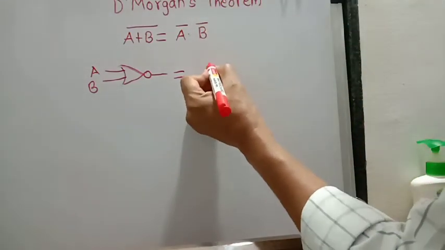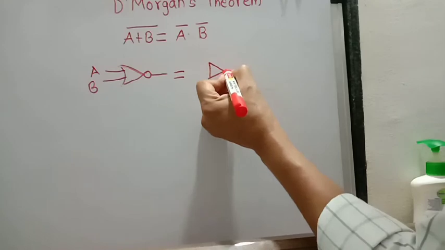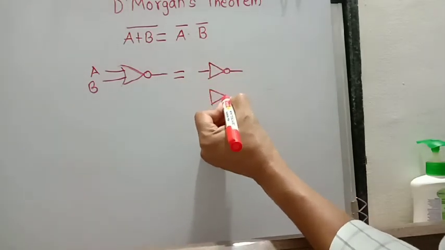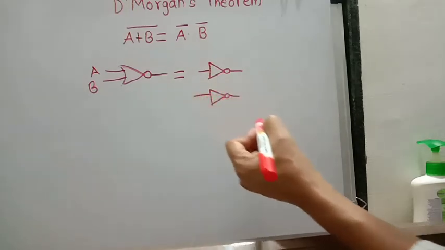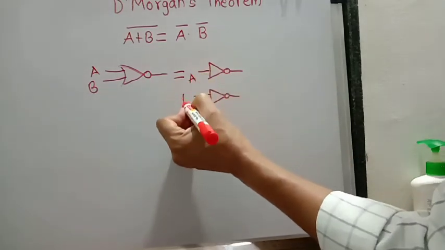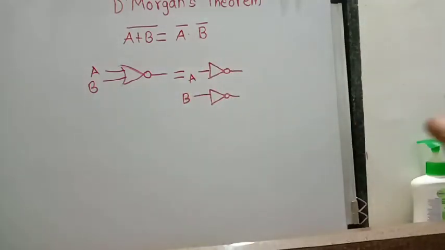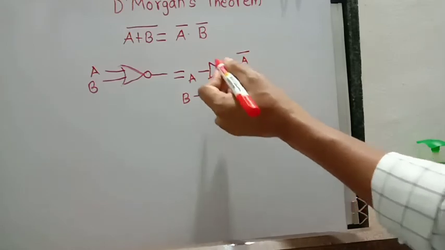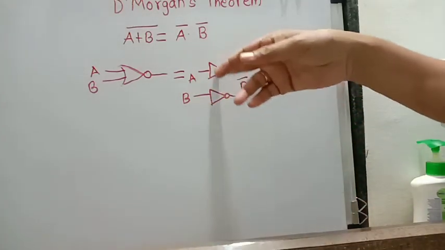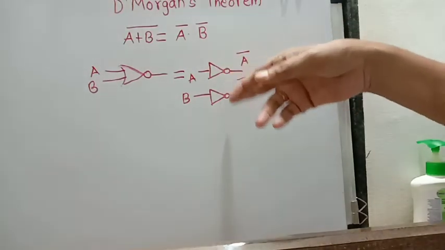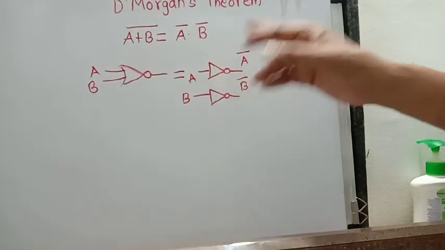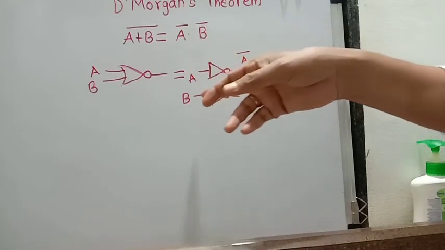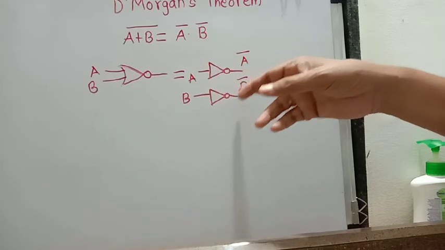Here we can draw the logic diagram like this. If the inputs are A and B, we get the outputs A bar and B bar, because these are two NOT gates, or inverter gates. A is inverted, we get A bar. B is inverted, we get B bar.